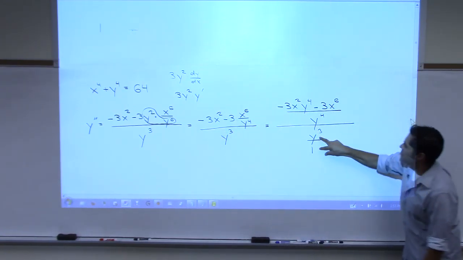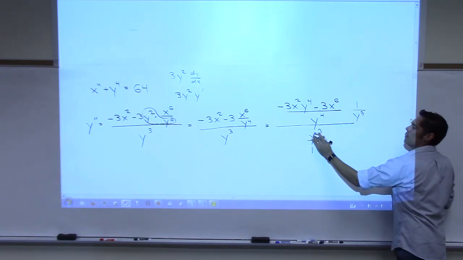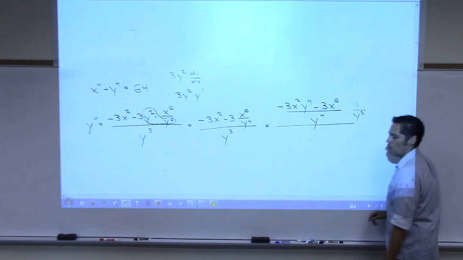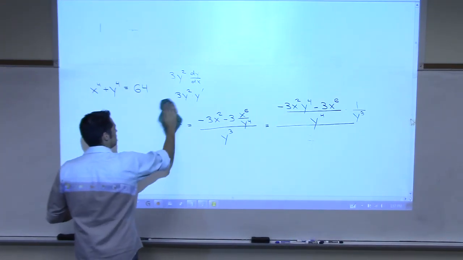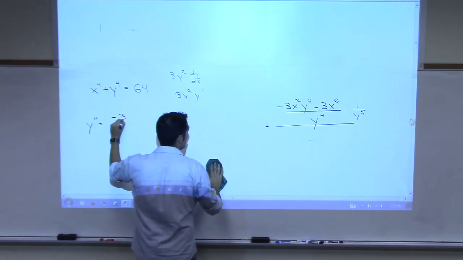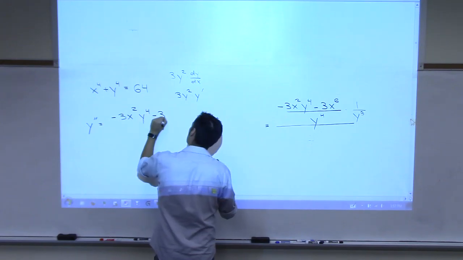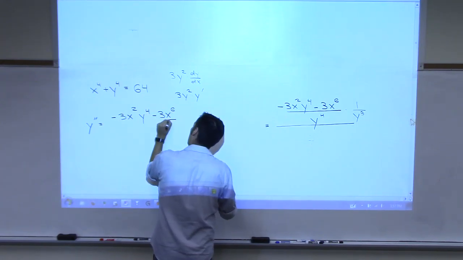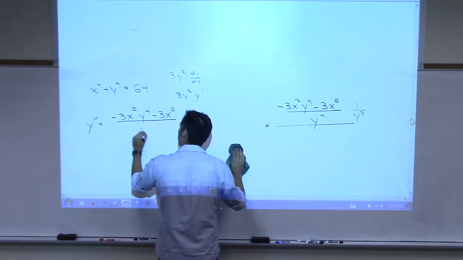And then when I do this and flip, this can become 1 over y cubed, multiplication. This will be gone, and I put those together, y to the 7th. Okay, let me do that. It's starting to look nicer and nicer. Negative 3x squared y to the 4th minus 3x to the 6th over y to the 7th.